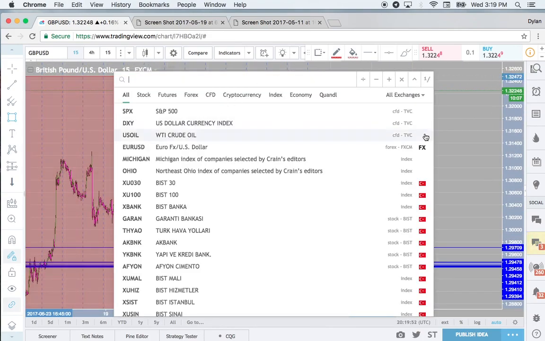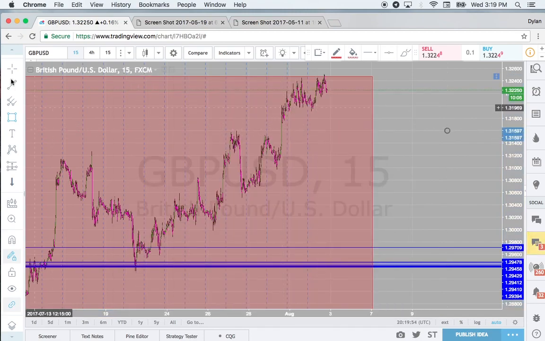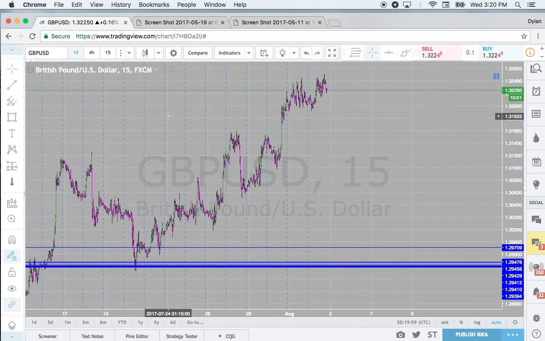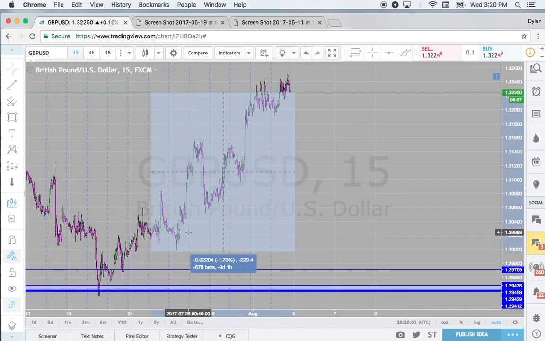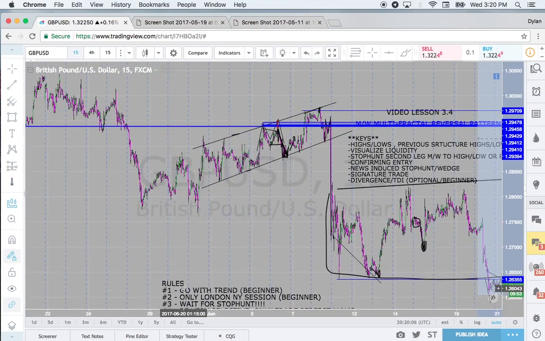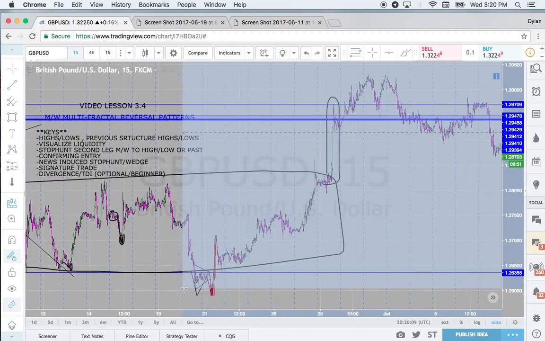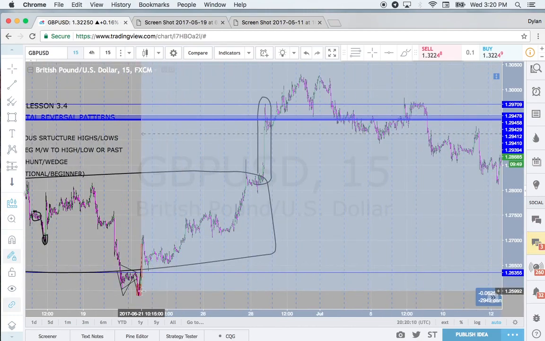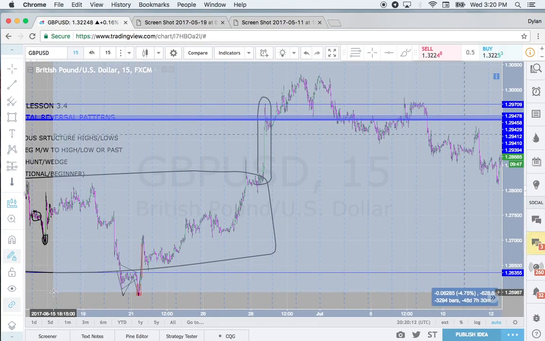I don't know why I'm using that box. Yeah, we rode the price up to where it is right now. So we are still holding. And that is over 600 pips profit.